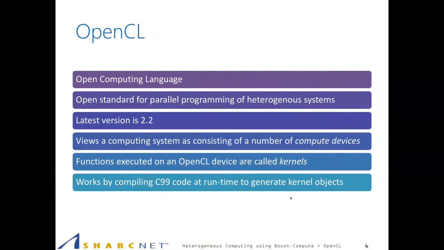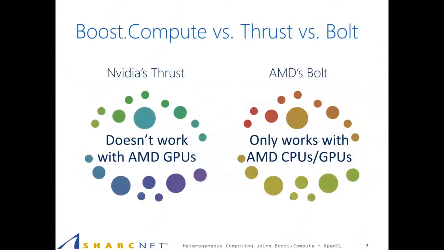But for OpenCL, the actual compiling happens at runtime because it's a cross-platform standard. Because you don't know on which platform your program is going to run, it's not possible to have an object beforehand. So the program is responsible for compiling the C99 kernel code at runtime.